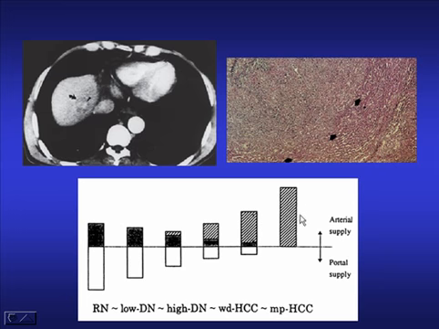Now, if we're looking for lesions such as hepatocellular carcinoma, as you will know from CT and MR imaging, we're looking very much for the vascular characteristics of these particular lesions. As you know, a hepatocellular carcinoma will tend to show a strong enhancement in the arterial phase with early washout in the portal venous phase.